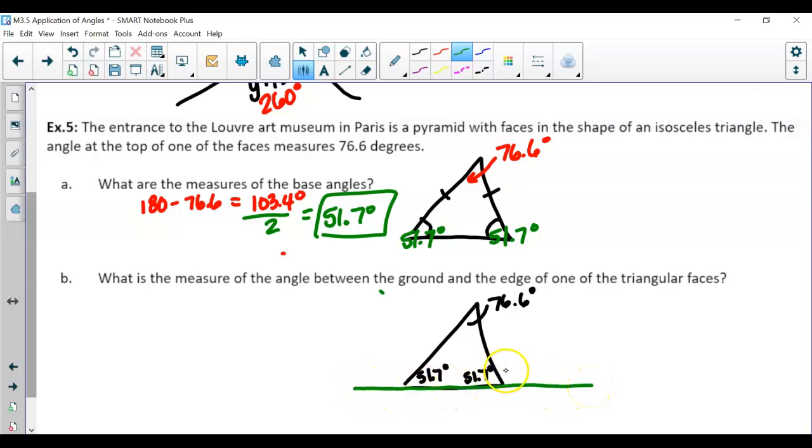And it's asking for the angle measure between the edge and the ground. So this was a way of asking for the linear pair, the adjacent angle. So what did you have to do? Just subtract that 51.7 from 180 degrees. 180 minus 51.7 degrees gives you 128.3 degrees.